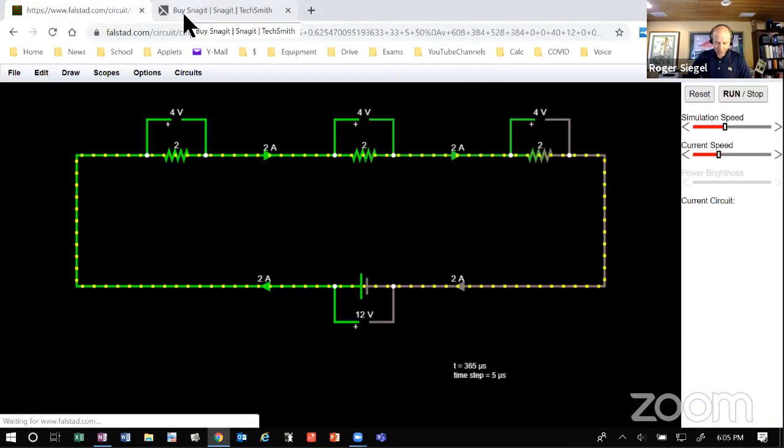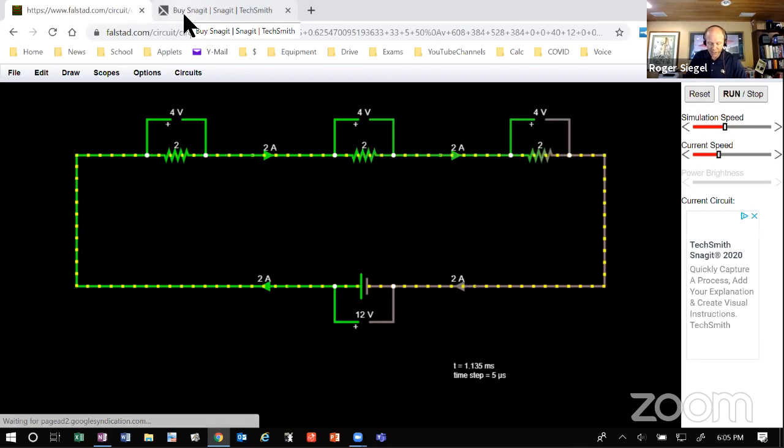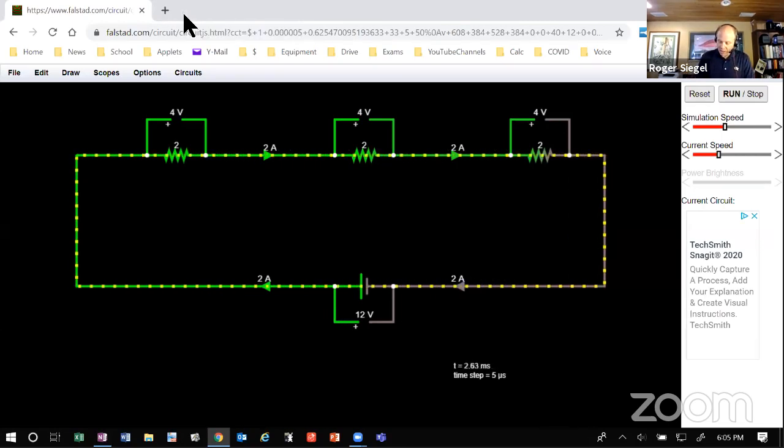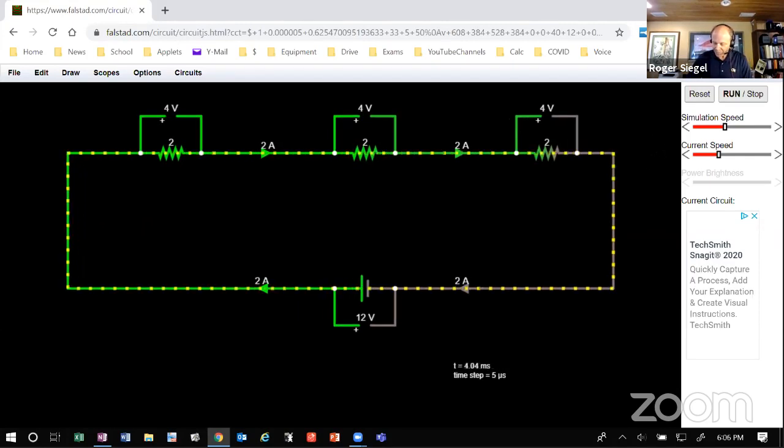This is the first one that I have. This is the series circuit simulation. Let's take a minute and look at this and try and orient yourself. Down here, we have the battery, and there's a little voltmeter across the battery, and that voltmeter is telling me that I've got a 12-volt gain.